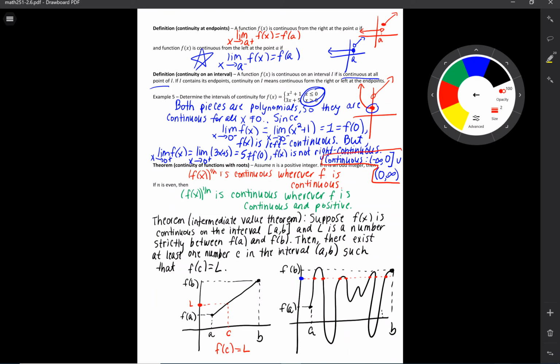So maybe I'll call this one C1, C2, C3, C4, C5, C6, and C7. So in this case, there are multiple c values that satisfy this. The intermediate value theorem guarantees at least one, but of course we can have more than one, as this example shows. So this is what the intermediate value theorem says.